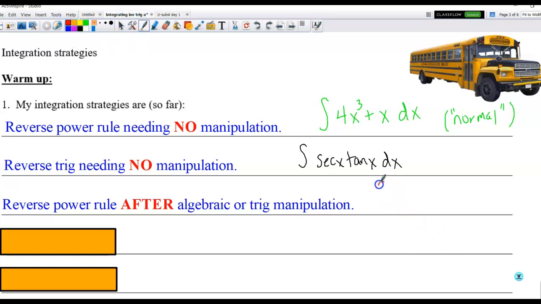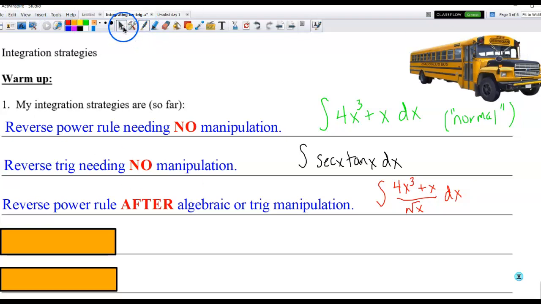So if I had to find the antiderivative of 4x cubed plus x over square root of x dx, we're still not into u substitution at all. We don't have any fancy strategies or u prime over u or anything like that. We just have to manipulate algebraically, or in this case with our 4th grade math, we like to call it Miss Oliver math, our take apart, and then we can turn it into a normal situation.